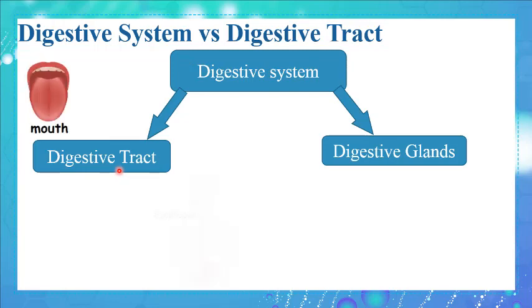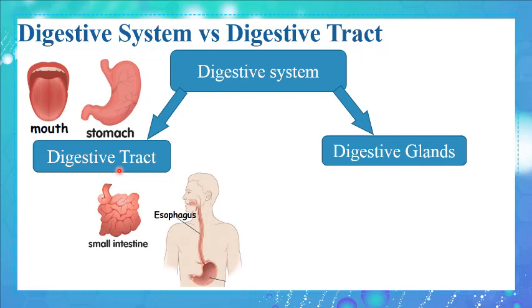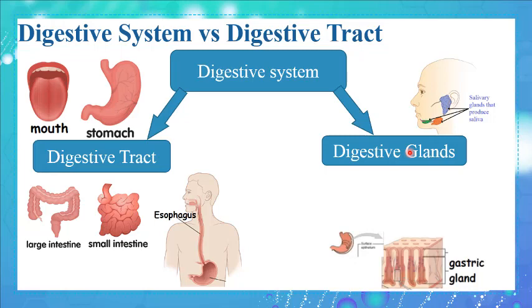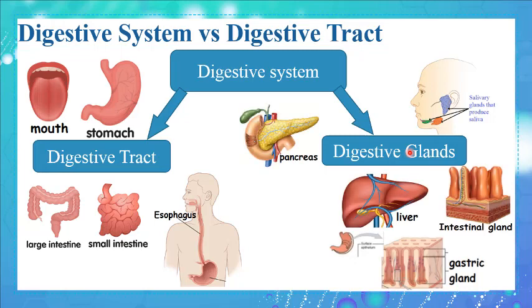It includes the mouth, esophagus, stomach, small intestine, and large intestine. While the digestive glands include the organs or glands that secrete the juices necessary for the digestion process. They include the salivary glands, gastric glands, liver, pancreas, and intestinal glands.